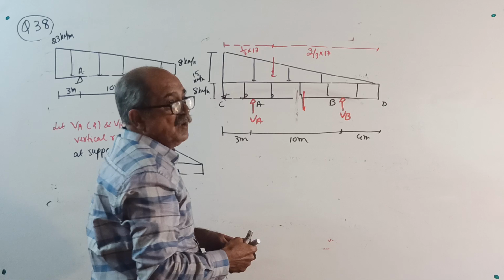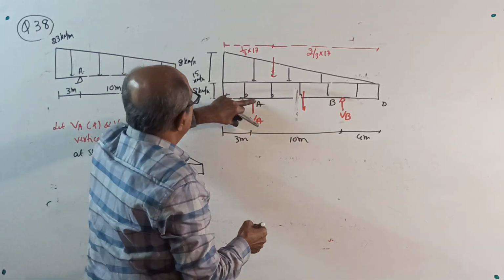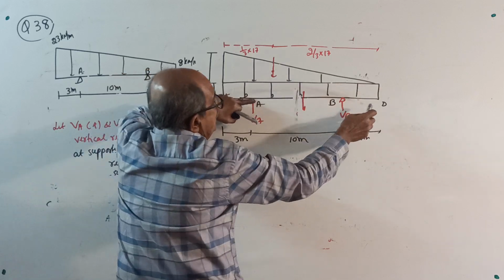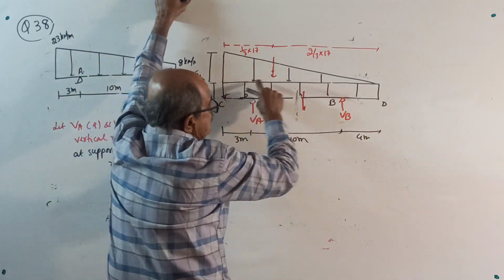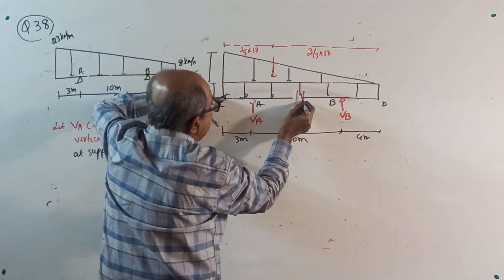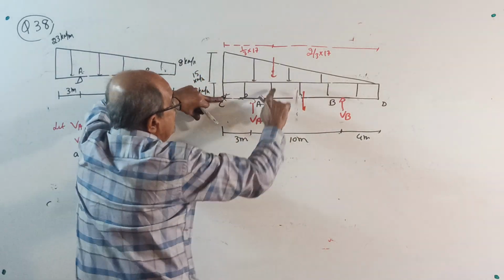In that case, see, take moment about A. Minus VB into 10 plus UDL 8 into 17 is the total load into, from here to here is 17/2, subtract 3, clockwise.